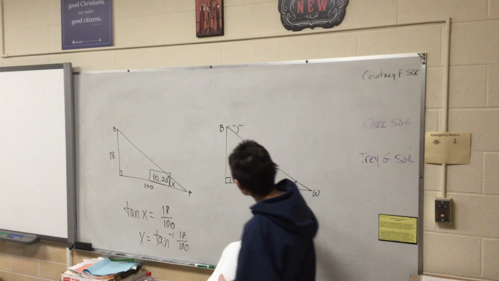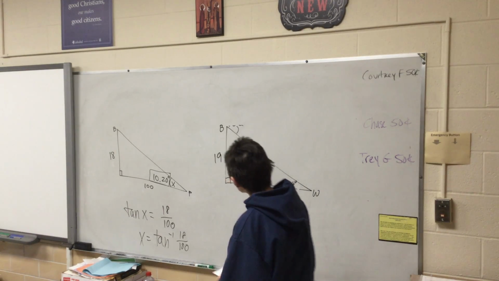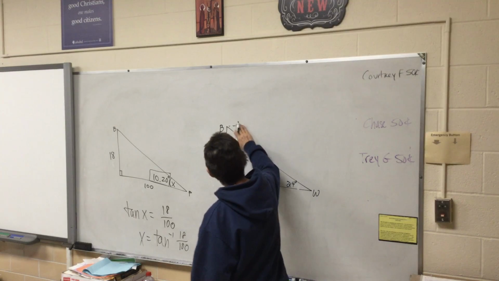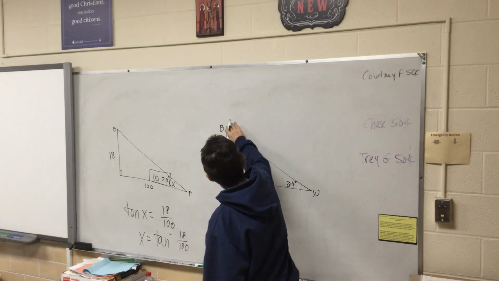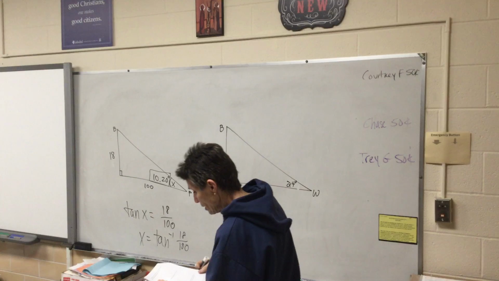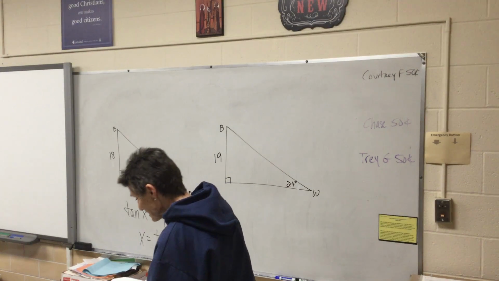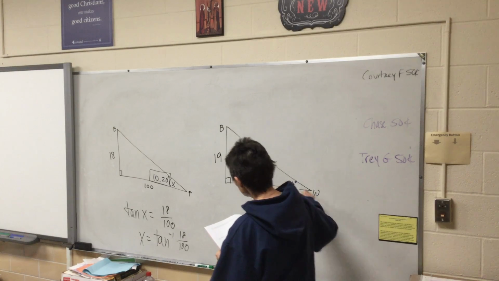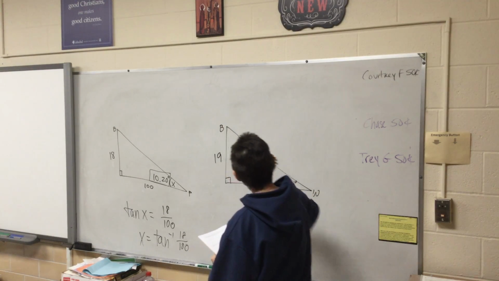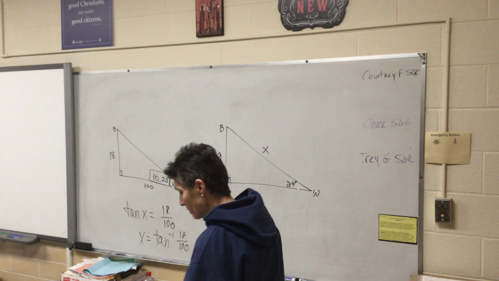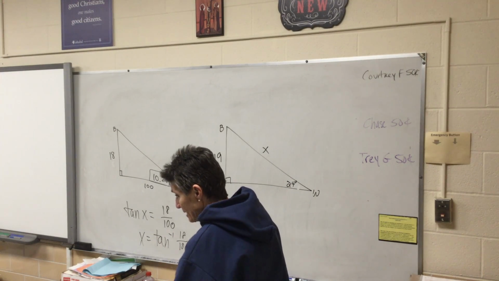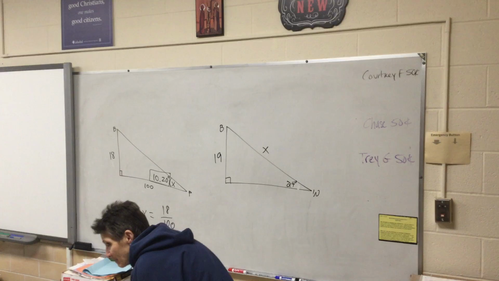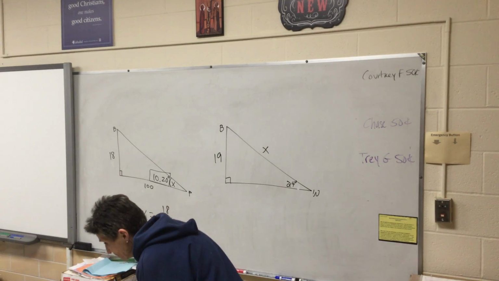And the tree is 19 feet tall. And I want to know the distance from the worm to the bird. So take a look at how I set my picture up. And now is the time to ask if you're not sure about what I did.